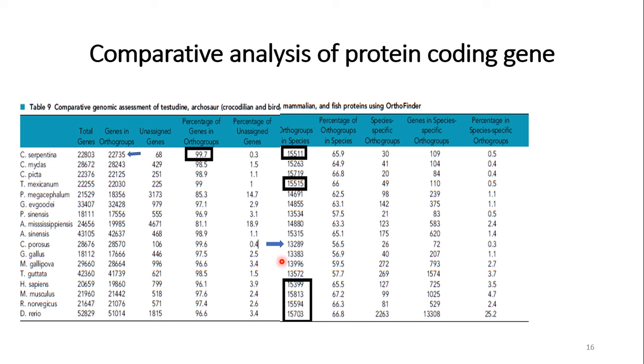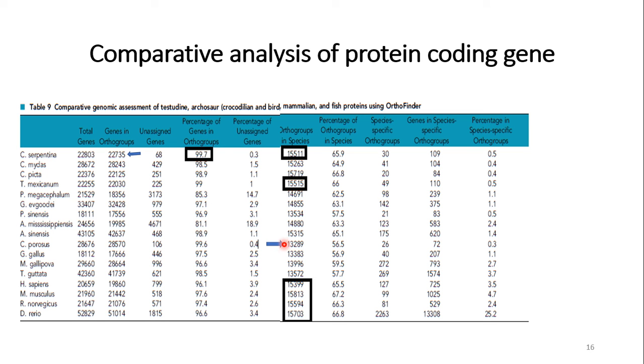In contrast with these results, the big-headed turtle, desert tortoise, and Chinese soft-shelled turtle contain fewer orthogroups, as in the figure: 13,289 and 13,384, which is a difference of about 2,000 genes.